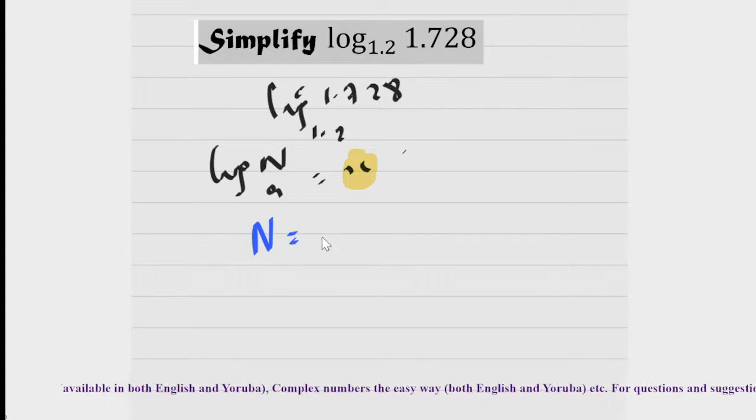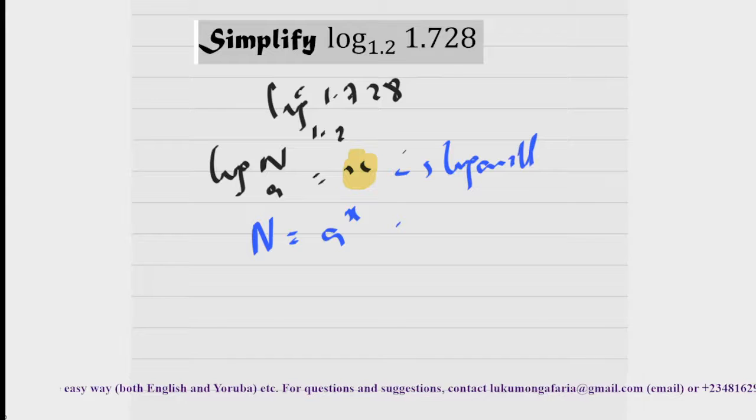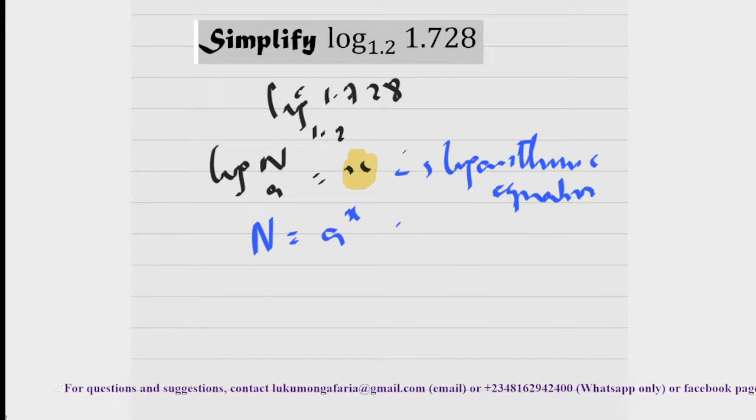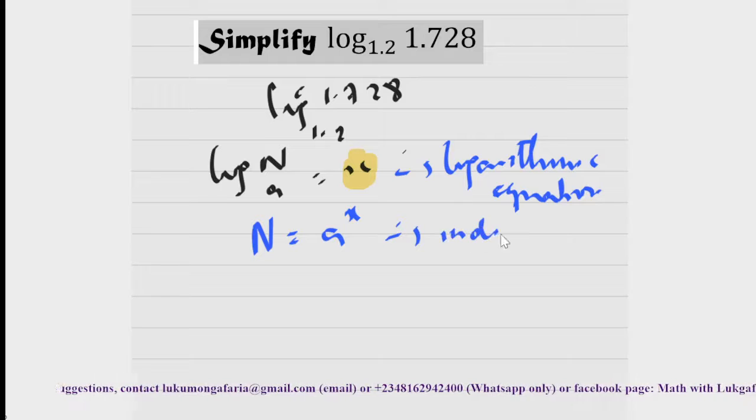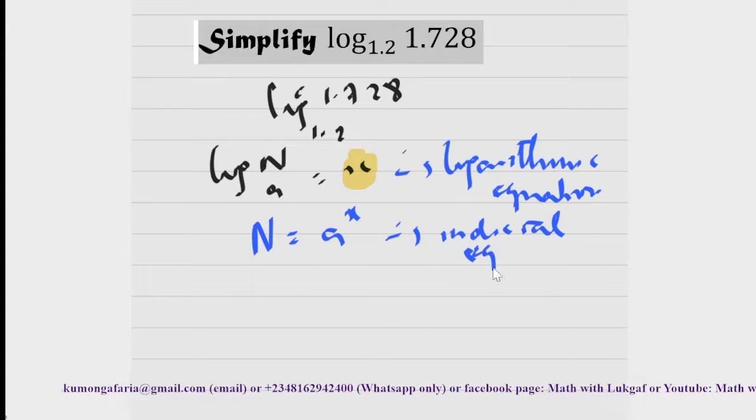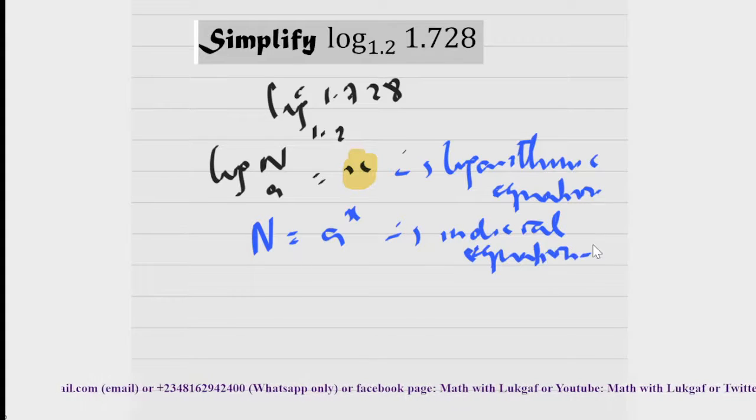Your n is going to give you a raised to power x. I hope you understand now. So this is the logarithmic equation, and this is called the index equation. And you can see that there is a strong relationship between the indices as well as the logarithm. In fact, the principle of working in the two are the same.